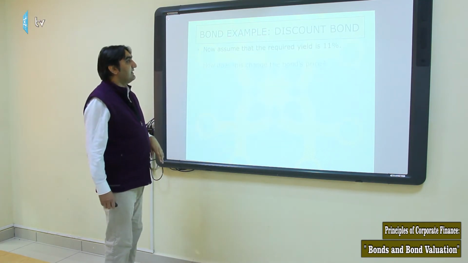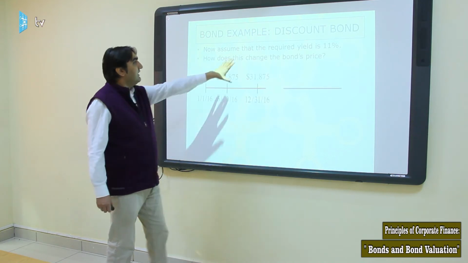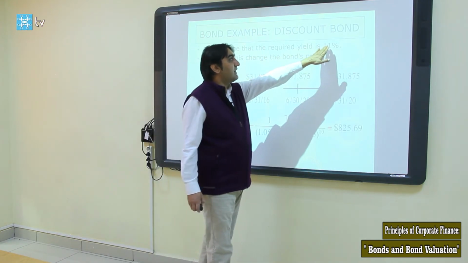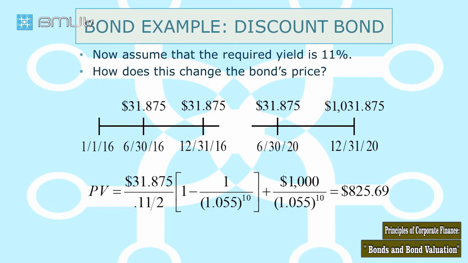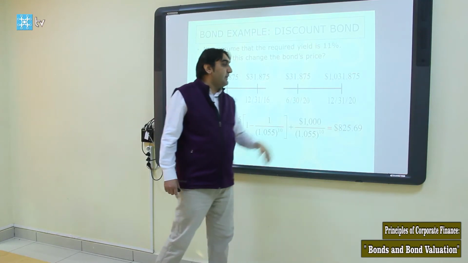And discount bonds, let's assume vice versa. The required rate is 11%. That's higher than the coupon rate. It means that the investor requires 11%, but the company gives about 6%. So what will happen to the bond price? We again have coupon payments plus face value and discount all these cash flows at half of 11%, again because of semi-annual payments.